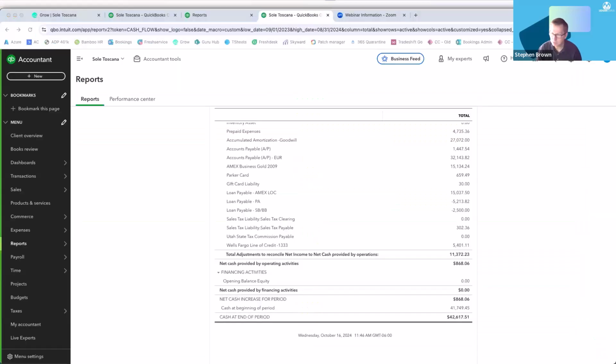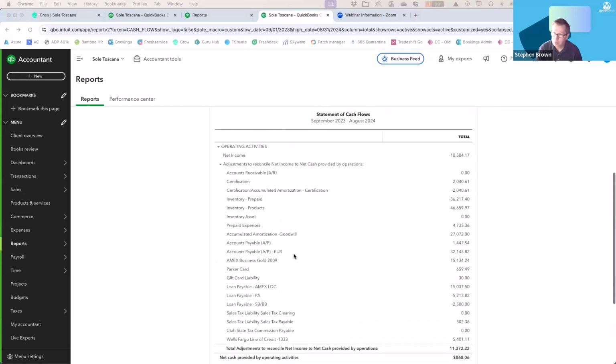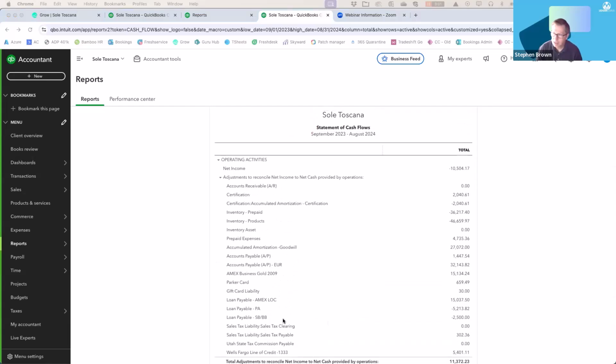So I don't have those in this particular business because I haven't done a lot of those. And you can see that we had a slight net increase in cash. For a lot of businesses, most of the activity is going to happen here in your operations. The others are going to happen as you become bigger and more sophisticated.